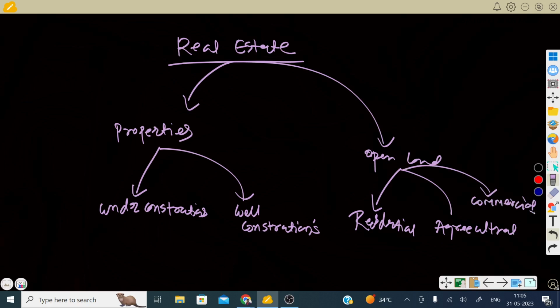Right? So here private equity can hold properties, lands, even sheds, commercial sheds, warehouses. So they can hold it.